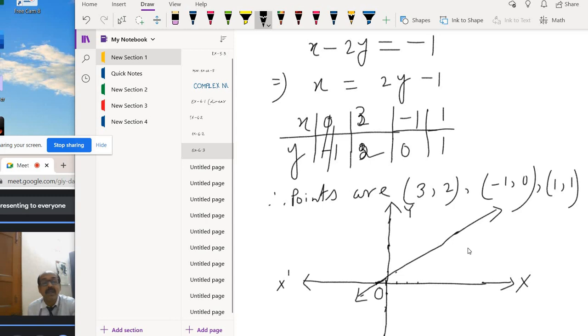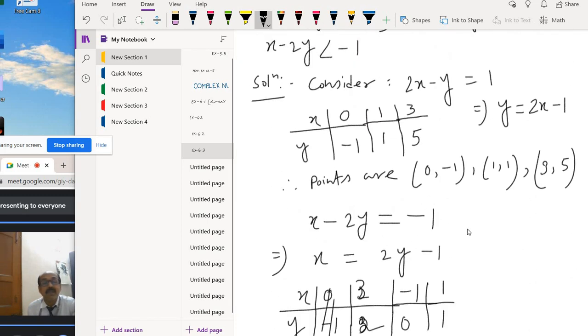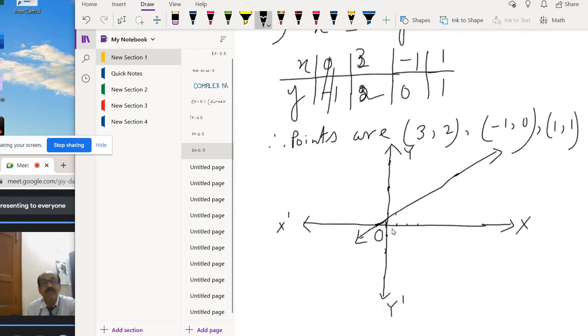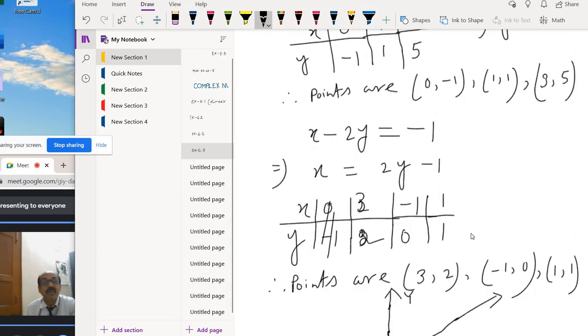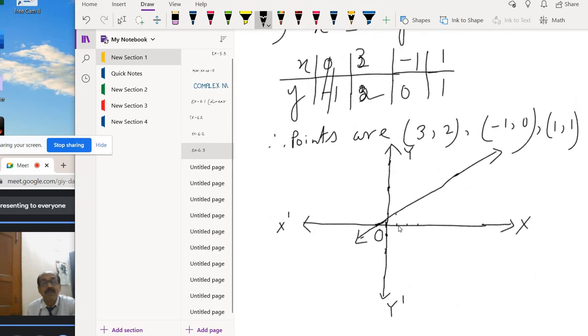Okay, this is the second line, and for the first line, (0, -1) is this point, then (1, 1) and (3, 5).